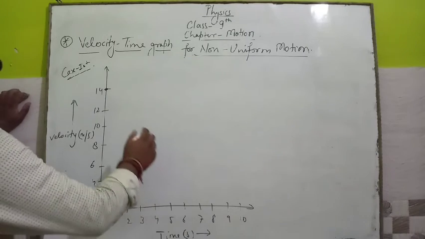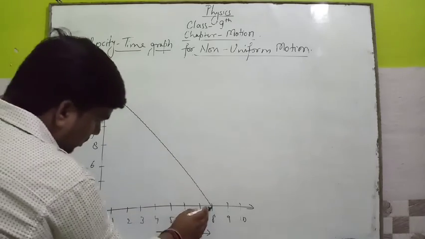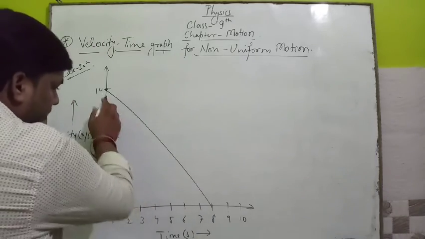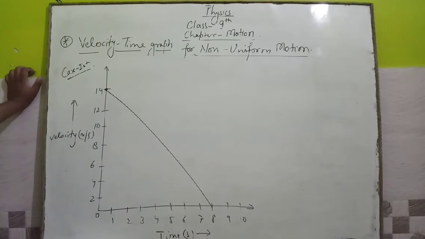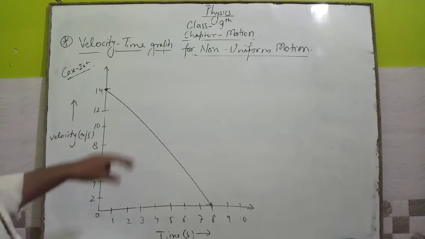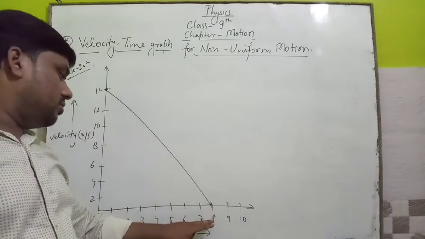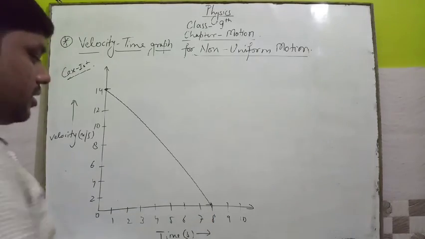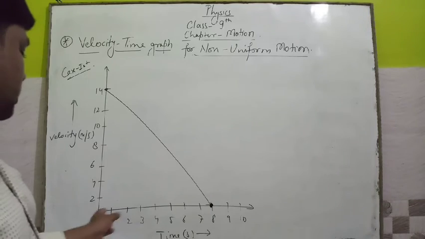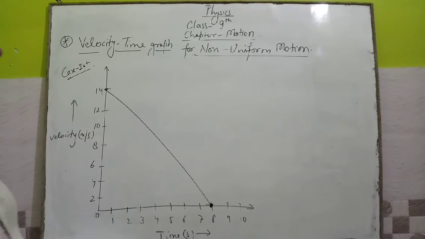So the graph is like this. Suppose from 14, this line is also straight, but in decreasing order. After applying the brake the velocity reduces, and after 8 seconds the object velocity is 0.